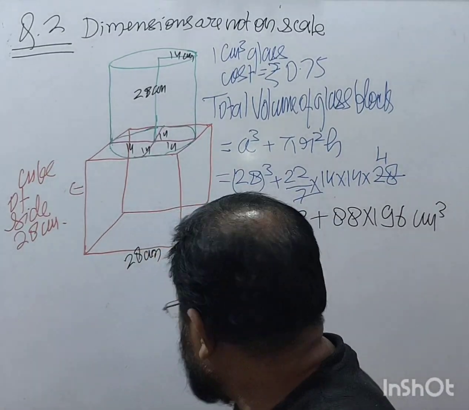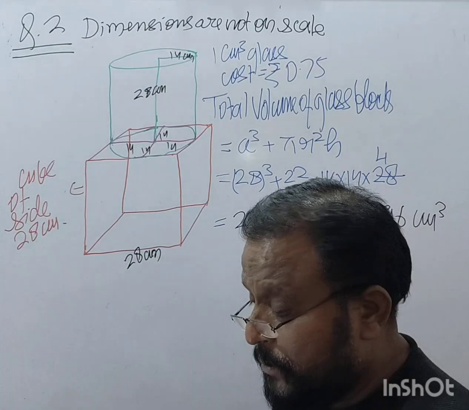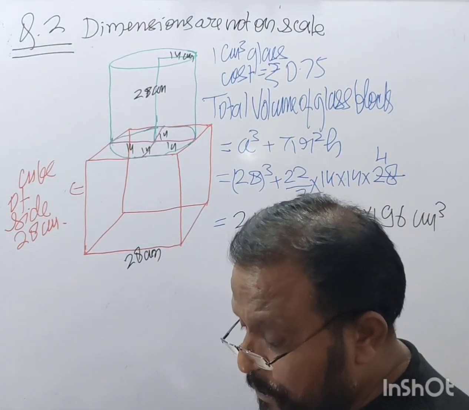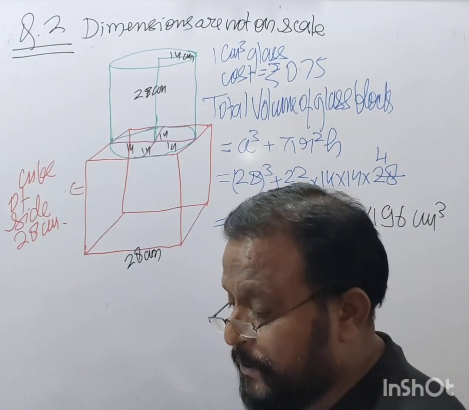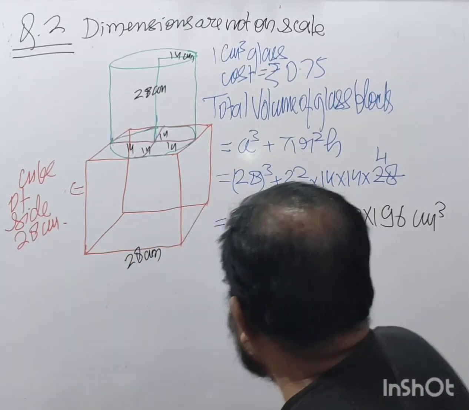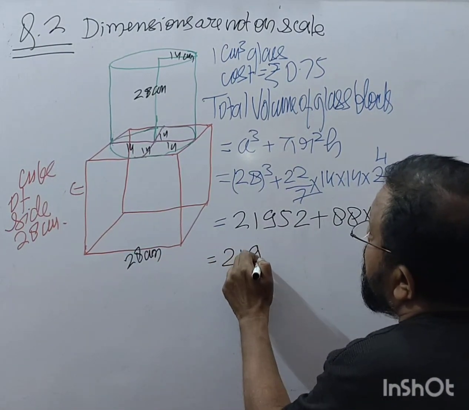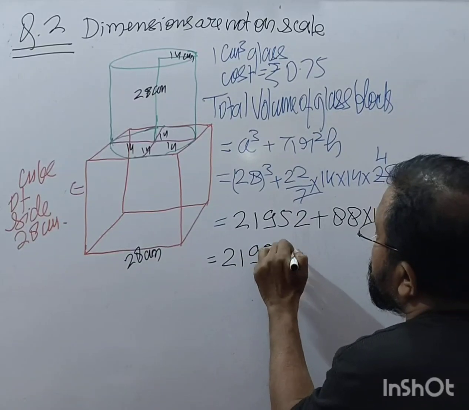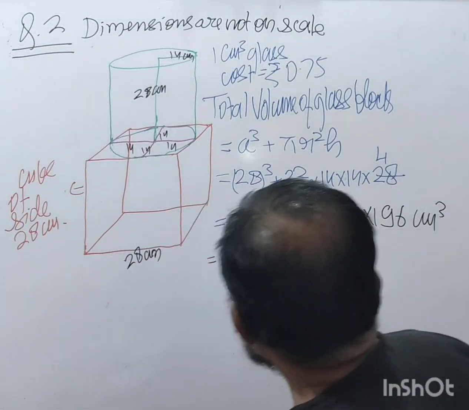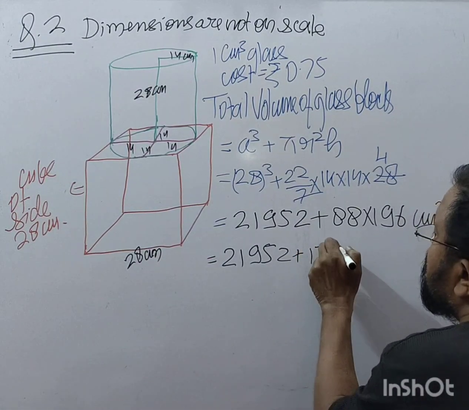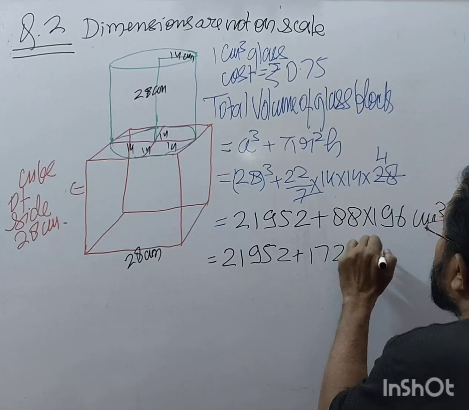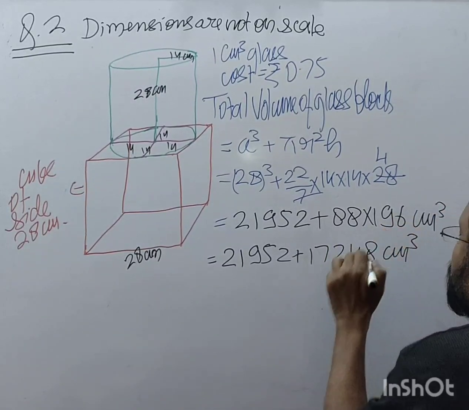So how much is it? 88 into 196 is 17,248. So 21,952 plus 17,248 centimeter cube, right?